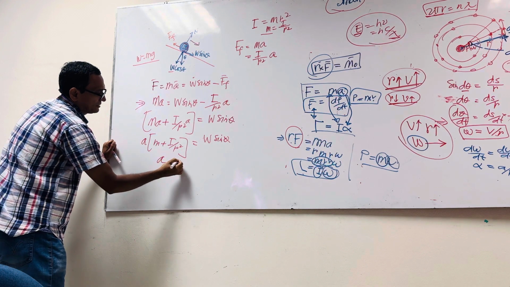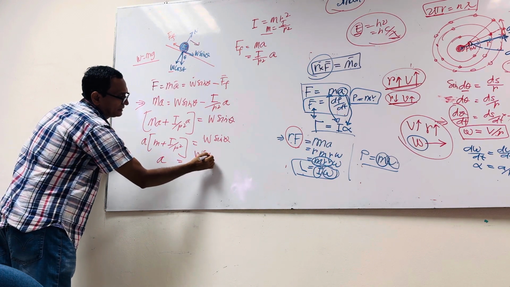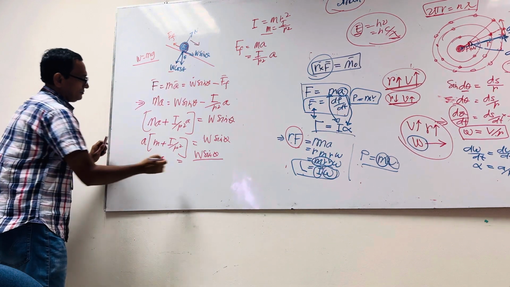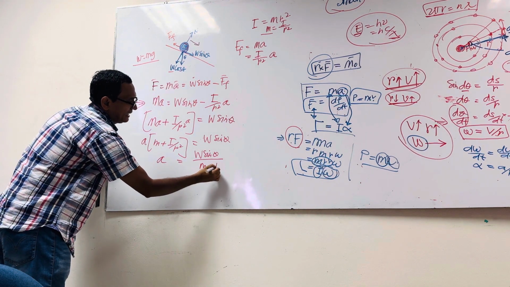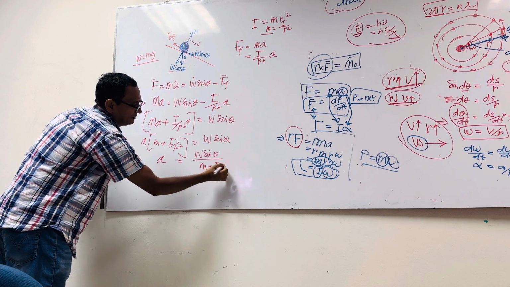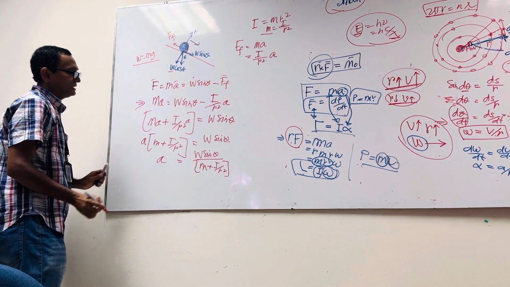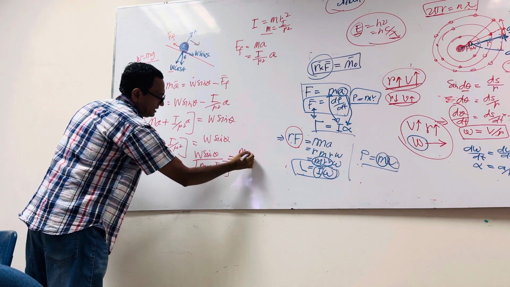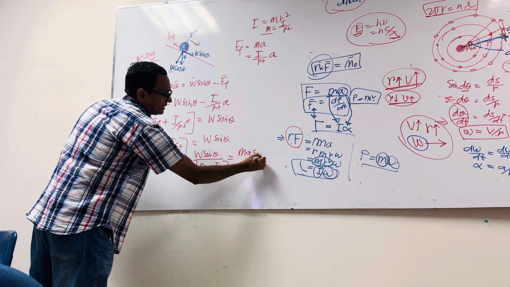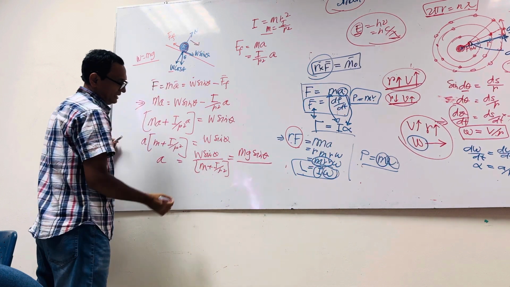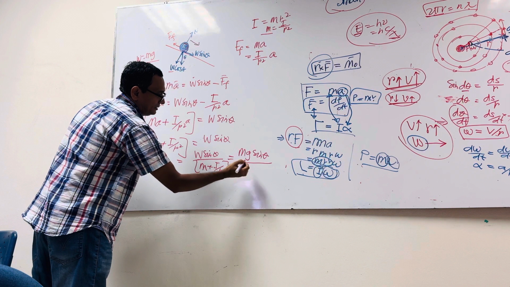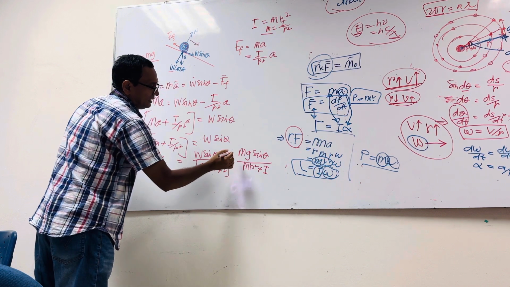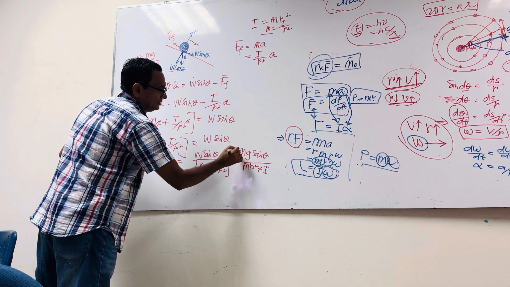So a is equal to W sin theta by m plus I by r square. Now you can interpret I with a different value, because here W is equal to mg sin theta, divided by m r square plus I, and here should be r square.